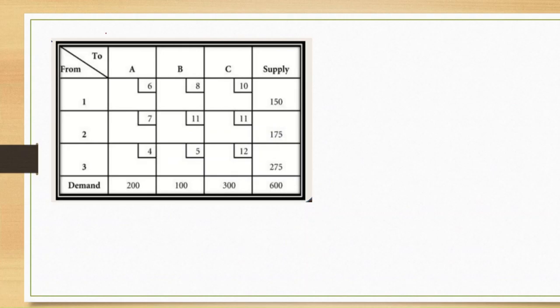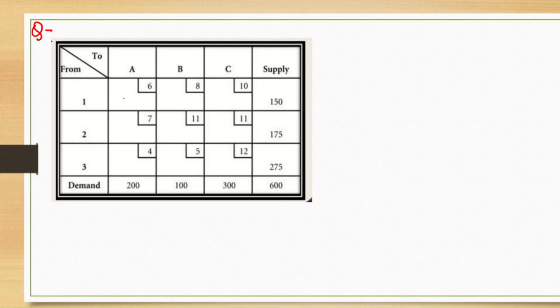So let us consider one example. Let me take this question. You have to find the minimum cost using the northwest corner method. That means we have to start with the corner, and these are the costs that are given to us.